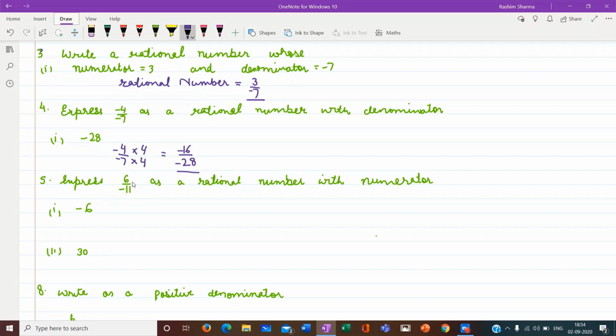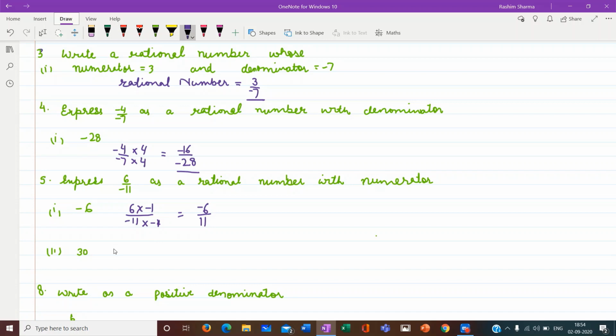Next question is express 6 on minus 11 as a rational number with numerator minus 6. Here numerator is 6, but we want numerator as minus 6. It means minus 1 is to be multiplied with this 6 to get numerator as minus 6. Alright, so 6 into minus 1 here we will do, because we want result as minus 6. But minus 11 is there, so it should also be multiplied with minus 1. So we get answer as minus 6, and here minus minus will become positive, so it will become 11 only.